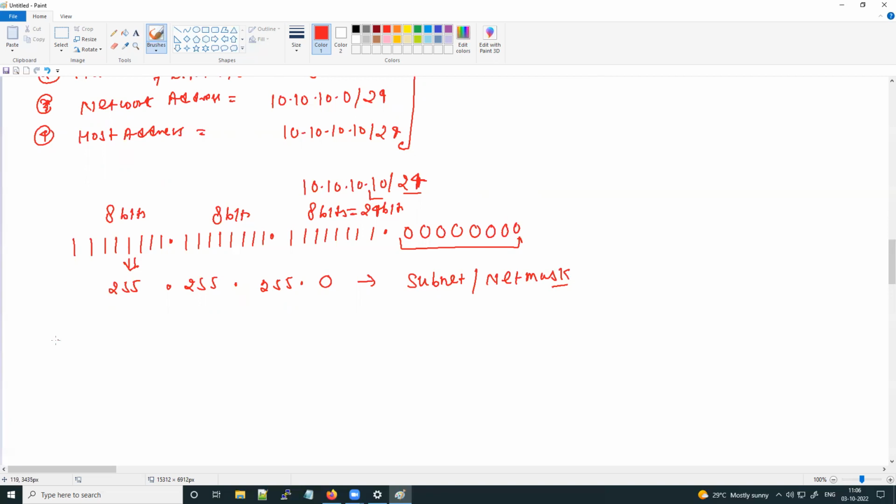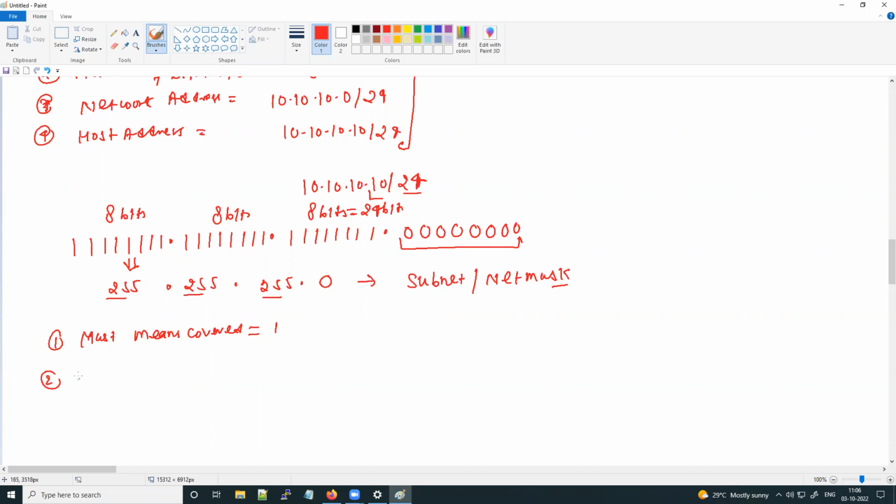So what is the mask? Mask means covered, and covered means 1. All the covered values become 1, and if all the values are 1, then we get 255.